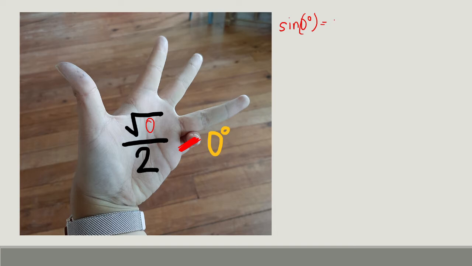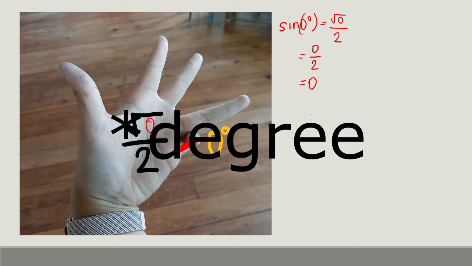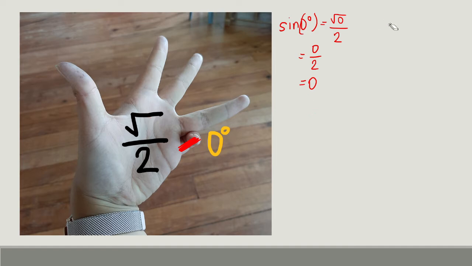So sine of 0 degrees is square root of 0 over 2. Now square root of 0 is 0. And 0 over 2 is 0. So sine of 0 degrees is 0. Para naman makuha yung cosine, we just have to count the number of fingers before the boundary. So ilan ba yung fingers before the pinky finger?